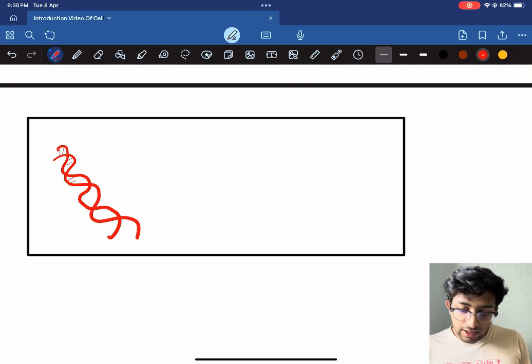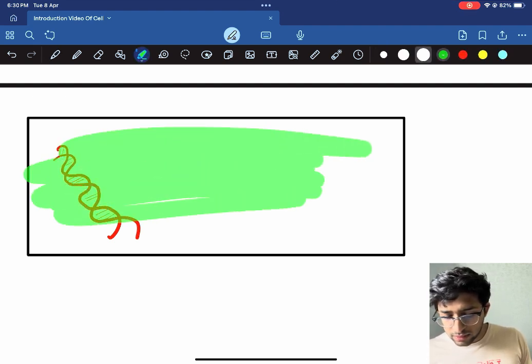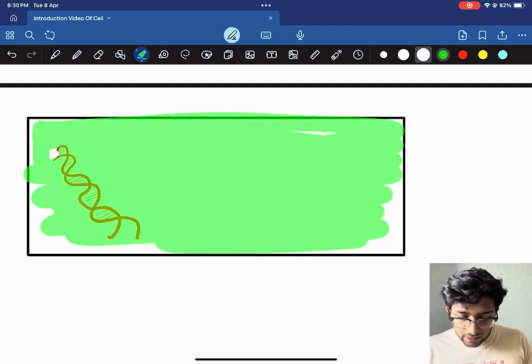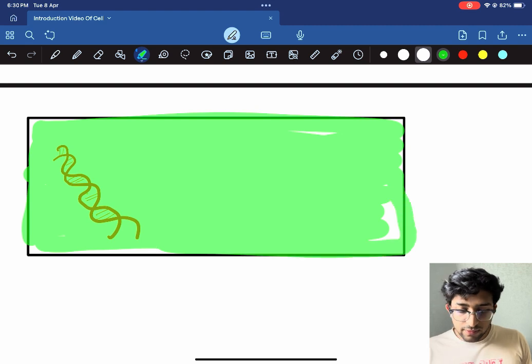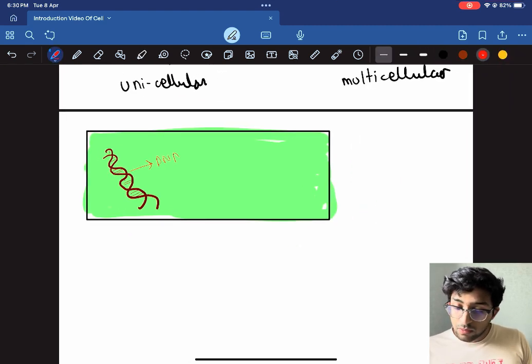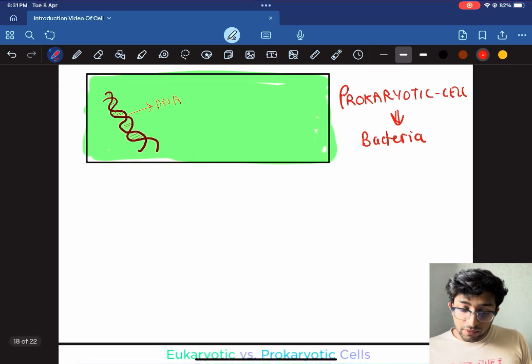If you see a cell with DNA just floating around inside, in the cytoplasm of the cell, we call it a prokaryote cell, and we find it in bacteria, right?